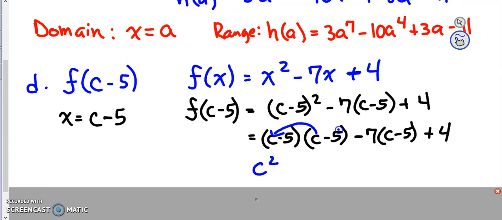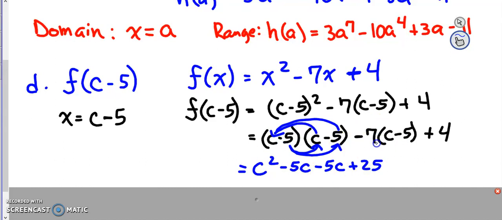The outside, c times negative 5, is negative 5c. The inside, which is negative 5 times c, which is negative 5c. And then our last, that'd be negative 5 times negative 5, which is 25. Guys, I messed that up. But you guys know what I'm talking about. All right, so again, we're expanding this, so that means it can't just be c squared and 25. It must be all of this.